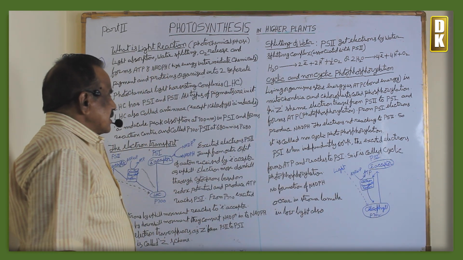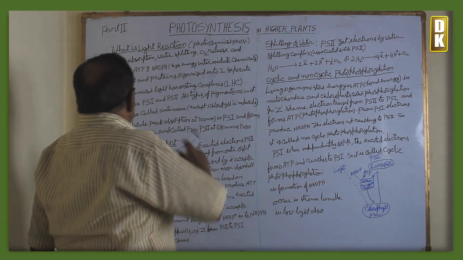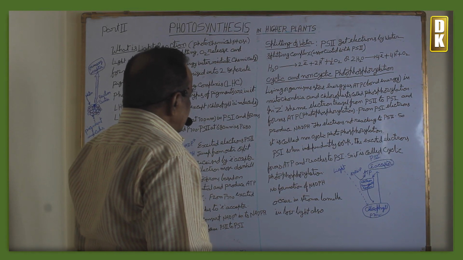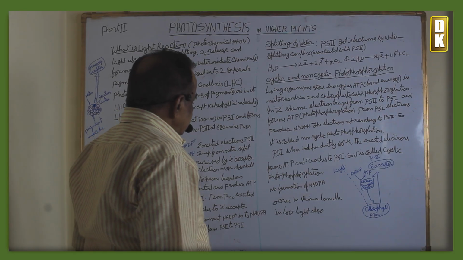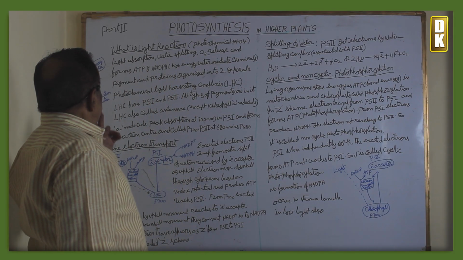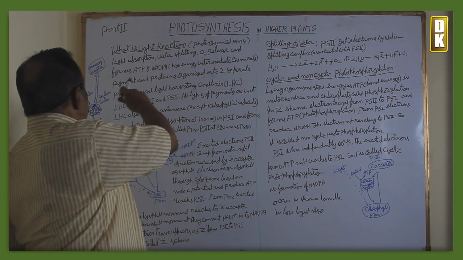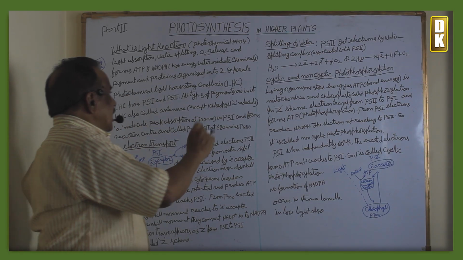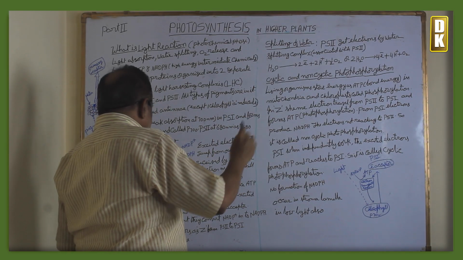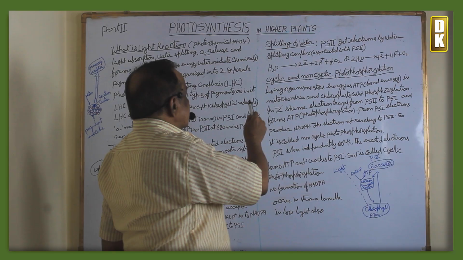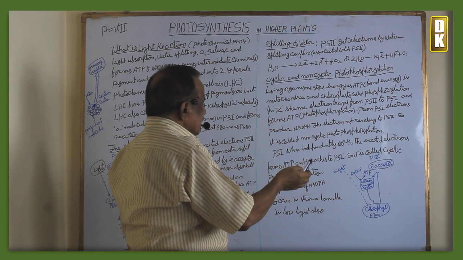These are the things about what light reaction is. First we saw what light reaction is, the electron transport in the Z scheme, and the splitting of water to provide electrons to the reaction center which lost electrons, and cyclic and non-cyclic photophosphorylation.